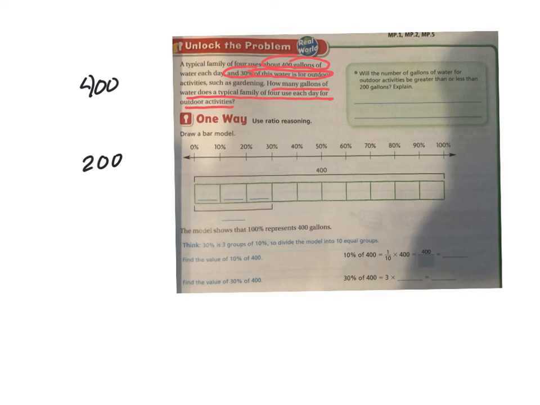So we know that it's going to be less than 200 gallons. We do use a lot of our reasoning skills as we get comfortable with this. So do we think it's going to be greater than or less than? Less than, because half is 50%, which was 200 gallons, and 30% is less than that. All right, that being said, let's go on to their first way.